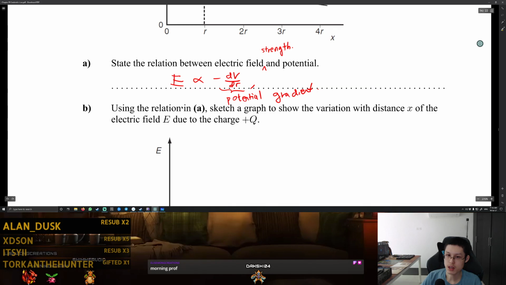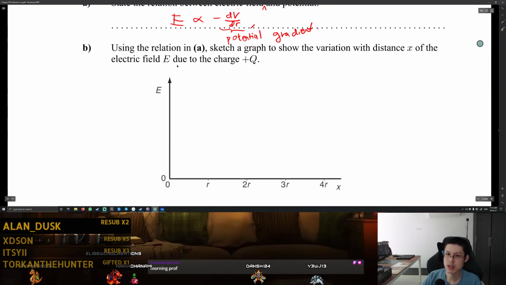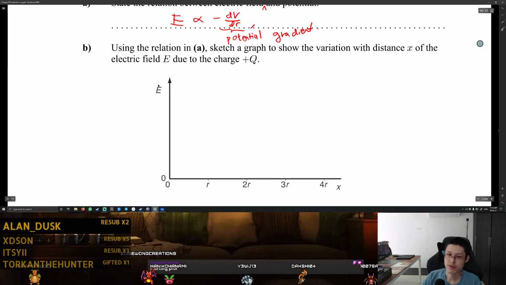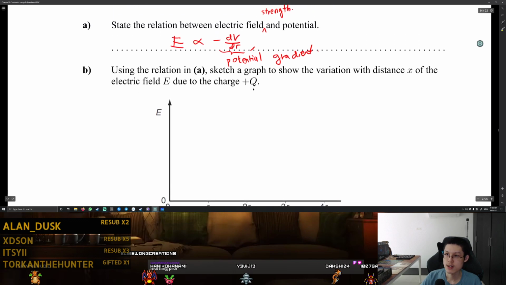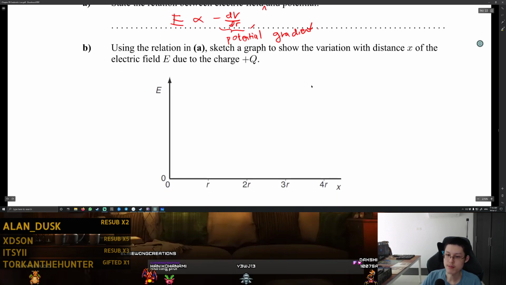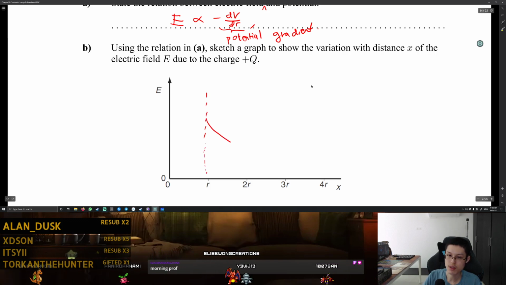Using the relation in part A, sketch a graph to show the variation with distance x of the electric field E due to the charge Q. So this is electric field strength. Okay, so you kind of know what to do, right? It kind of looks like this, and then you go like that, and then this should be a drop down there like this.